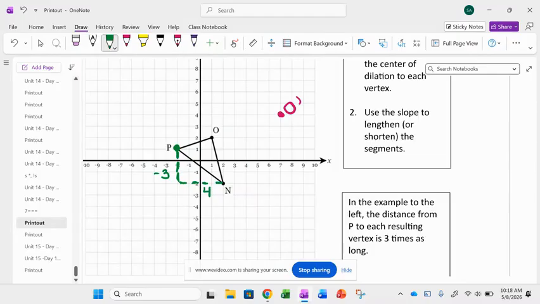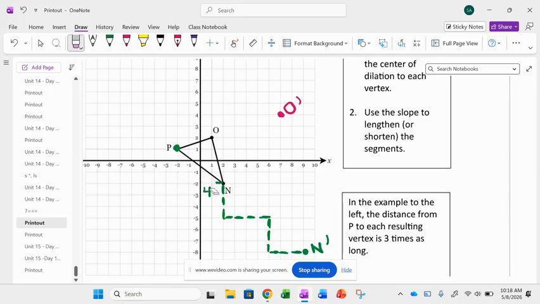That means I need 3 slopes in total from the center of dilation. Now that counts as 1. How many more do I need? 2, to make a total of 3. So I'm going to continue that slope down 3 to the right 4. That's my second time. We're going to do it one more time. Down 3, to the right 4. And there's my N prime.